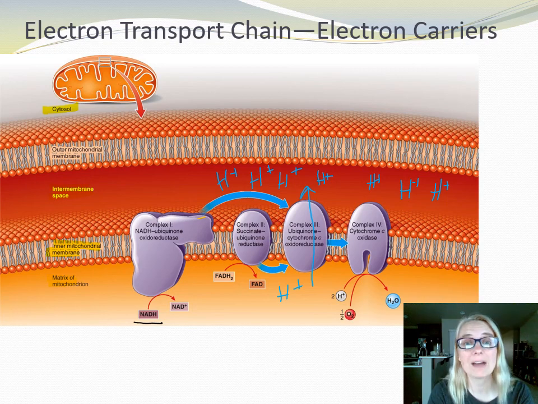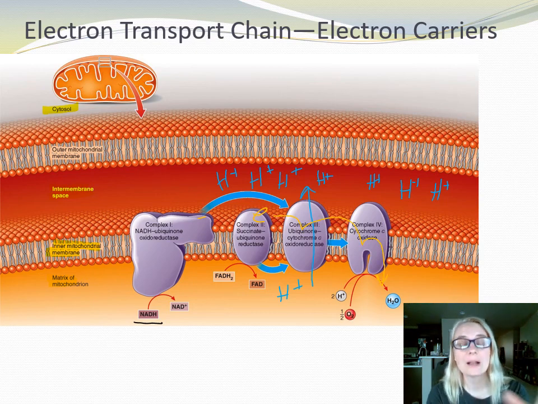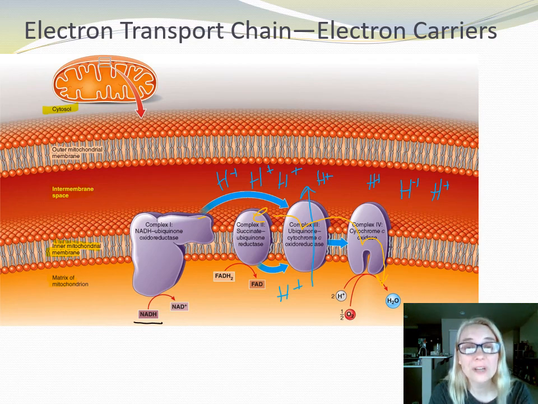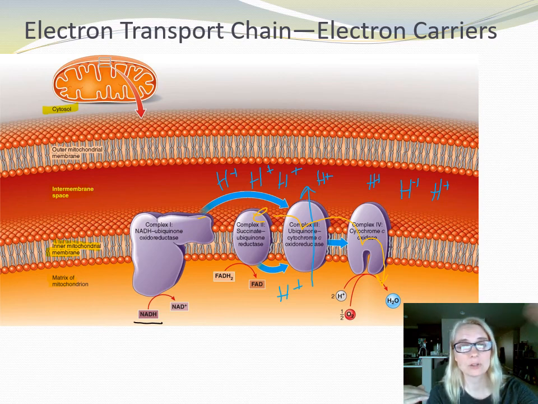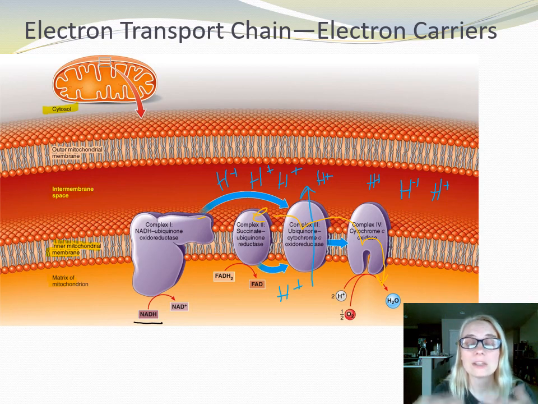But here we have the free energy of these electrons as they're moving from one place to the next down this energy gradient. That is free energy. And these electron carriers use that release of energy as the electrons go down each one of these protein electron carriers, to pump protons.